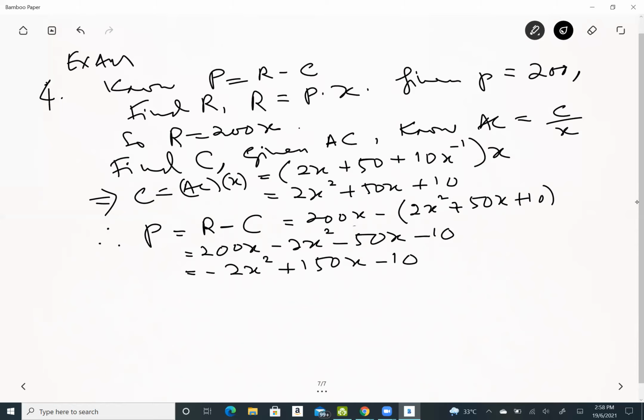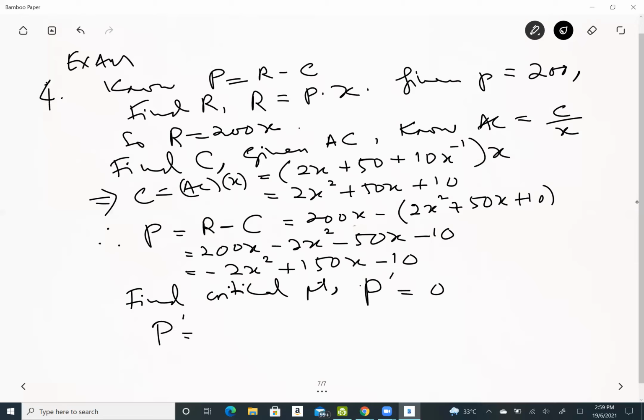Now we want to find the output level that maximizes the profit. So number one, what you need to do here, you have to find the critical point, where P prime is equal to 0. So what is P prime?